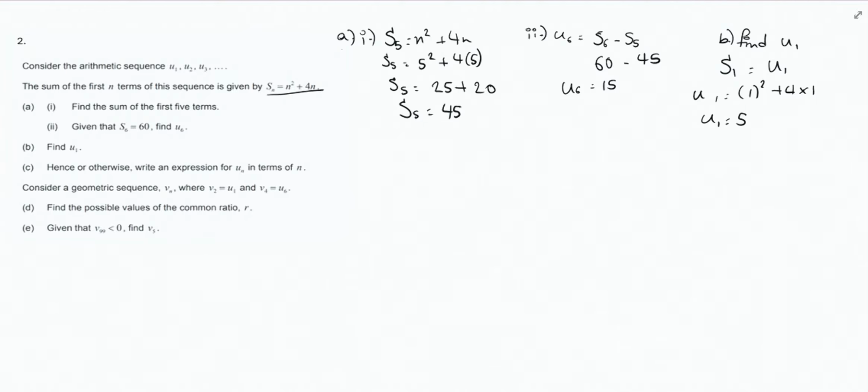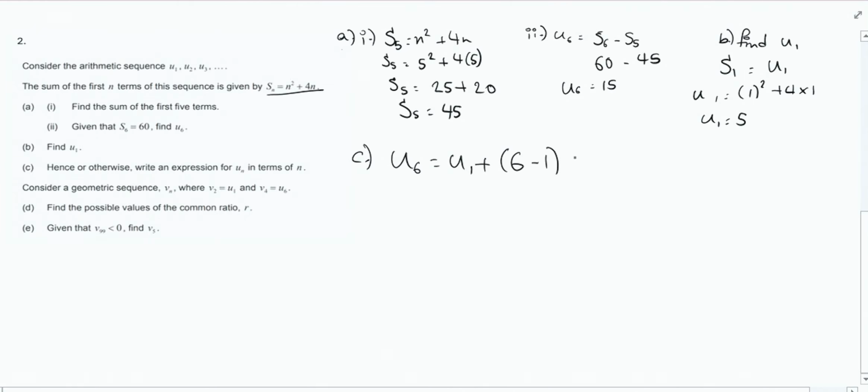Now for part C, u6 equals u1 plus (6 minus 1) d. We have already found u6, which is 15, and u1 is 5.